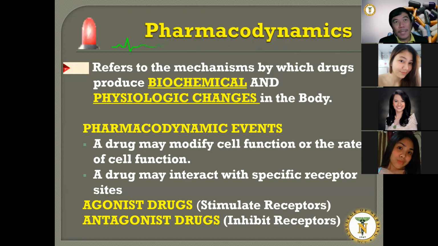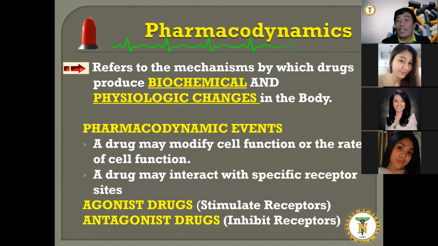So alpha receptors, beta receptors, histamine receptors, these are the receptors that you may encounter in some or in most of the drugs. Kaya actually the nervous system per se is very relevant when it comes to the orientation of pharmacology, because it will really guide us on how to further understand classification of drugs.